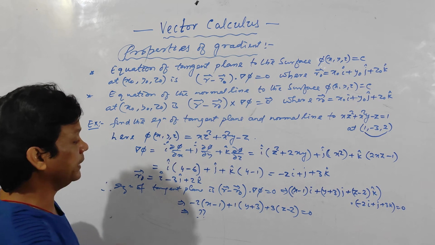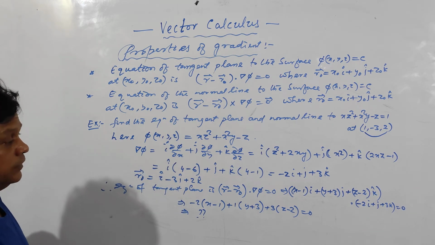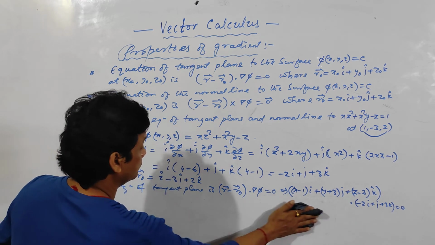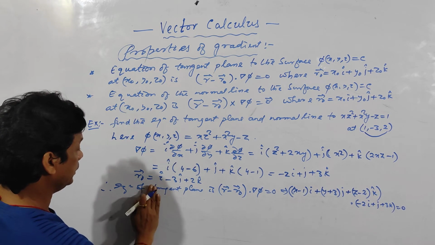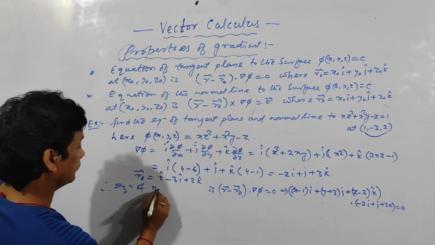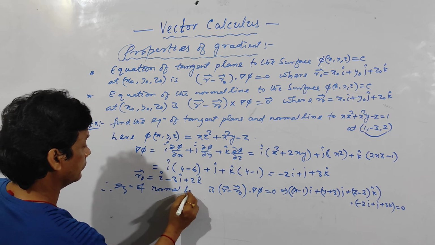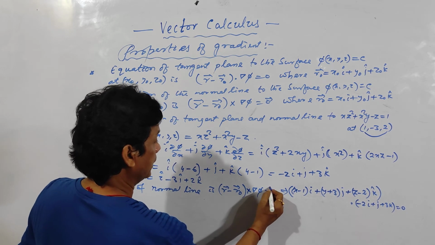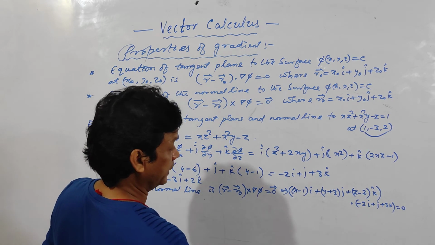Now, you have to find out the equation of normal line. So, how to find out the equation of normal line? See here, the equation of normal line is, write it as cross product, and this one is 0 vector.